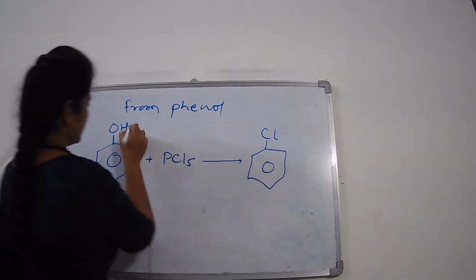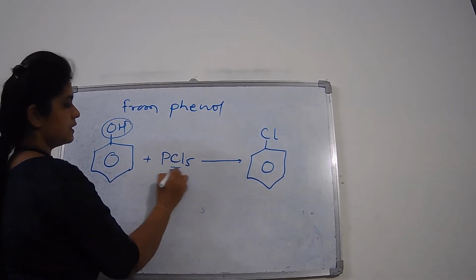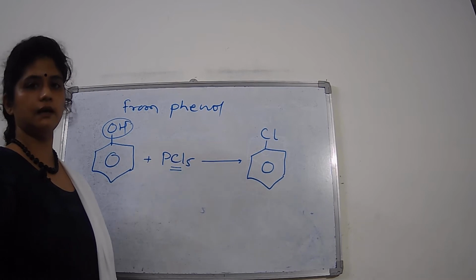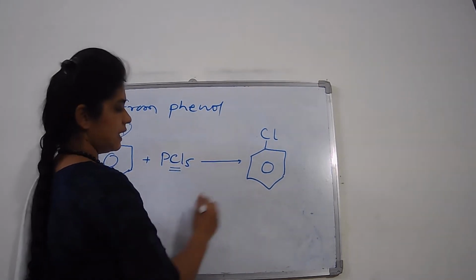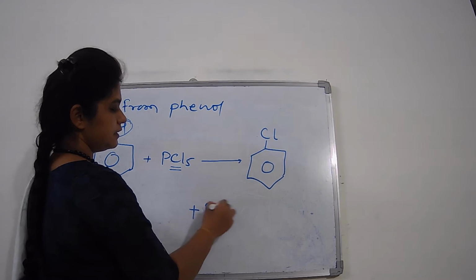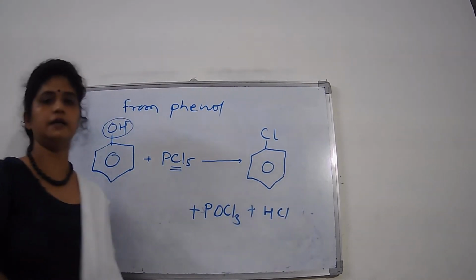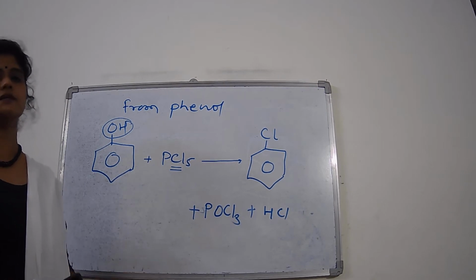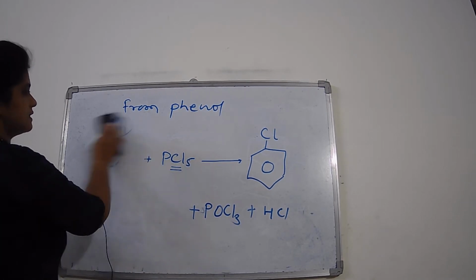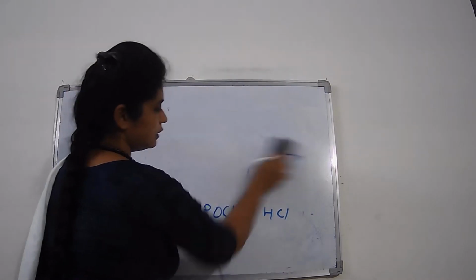This OH completely gets substituted by one of the Cl, and we get chlorobenzene. At the same time POCl3, that is phosphoryl chloride, and HCl are formed as byproducts. So this is the second method of preparation for chlorobenzene.